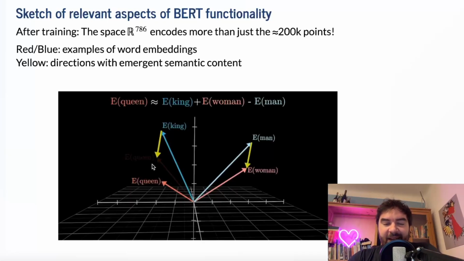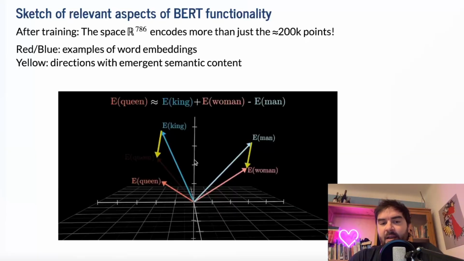And the thing to take away here is that the relation between the king and the queen in the space, they are close, similar. This yellow vector is similar to the relation between man and woman, or uncle and aunt, this sort of gender swapping of words.